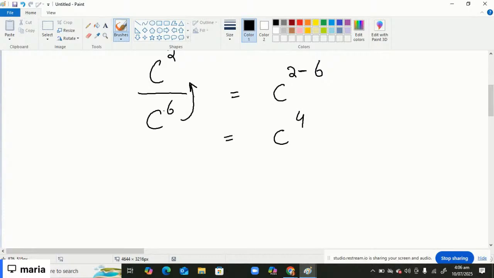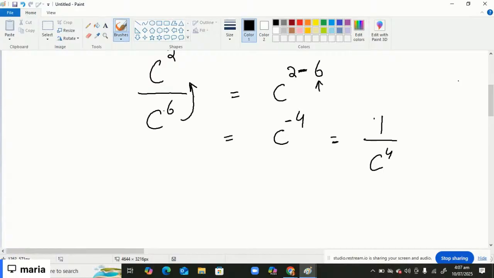The sign of the greater number. And what is the sign with the greater number here? This is the negative sign, okay? Because 6 is greater here, and with the 6 it's a negative sign. So this is c power minus 4. And when they say to make it positive, how can we convert it? 1 over c power 4.